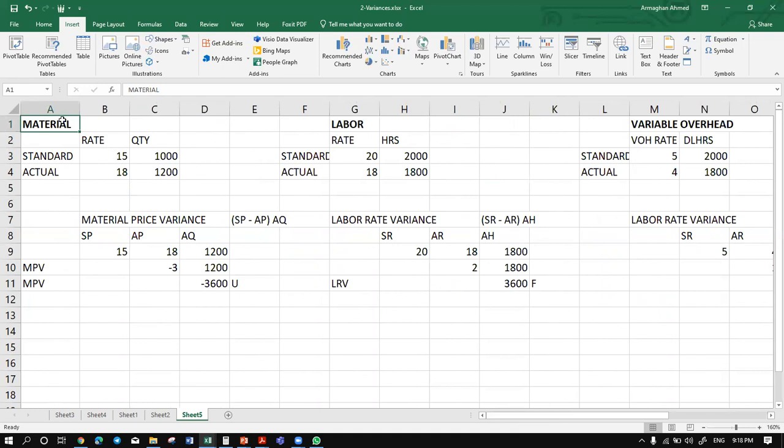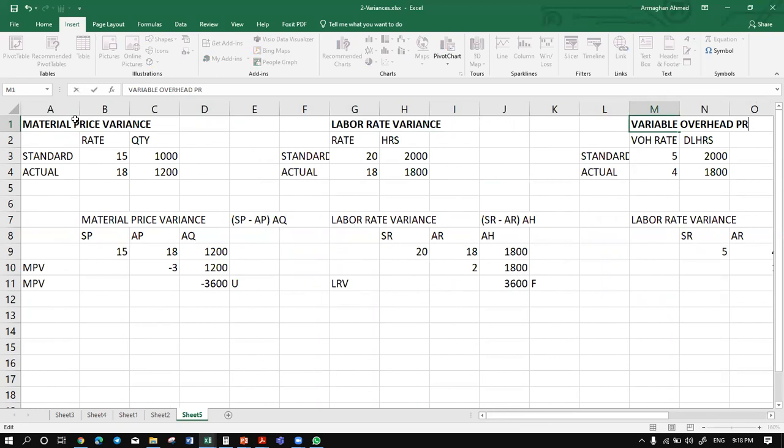So material price variance, labor rate variance, right? Variable overhead, we call it spending.